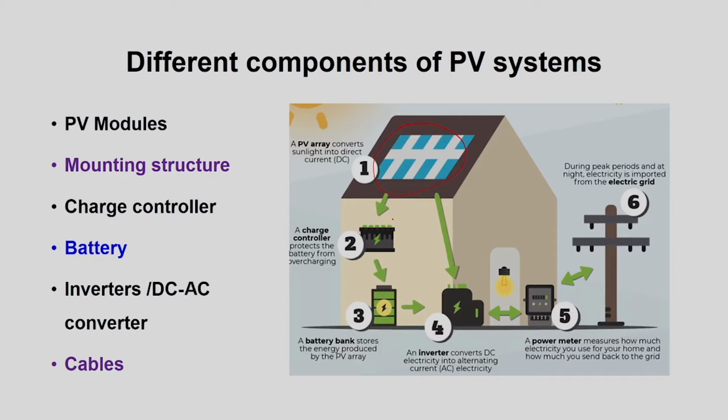We need a charge controller to protect the battery from overcharging. We need battery banks, which store the energy produced by the PV arrays. If we have an AC load, then we have to convert the direct current generated by the PV arrays to alternating current by an inverter, and we need a power meter and then the electric grid sometimes, or sometimes we can use the generated energy locally.